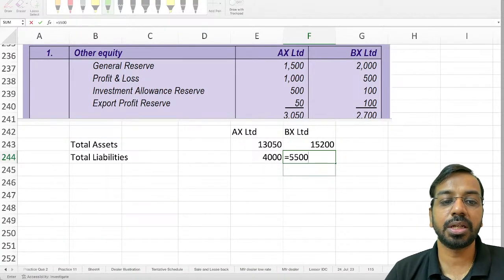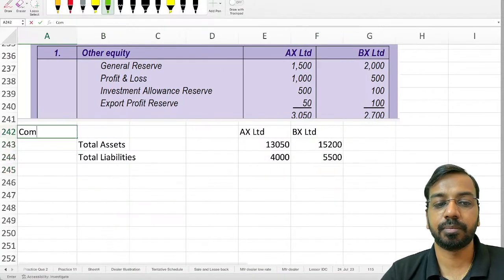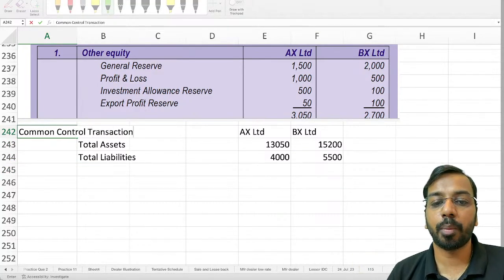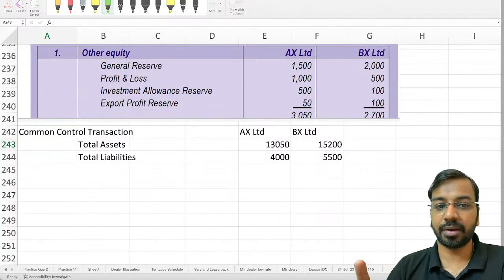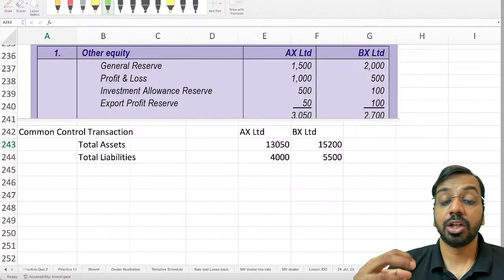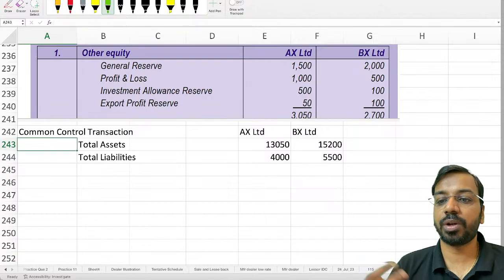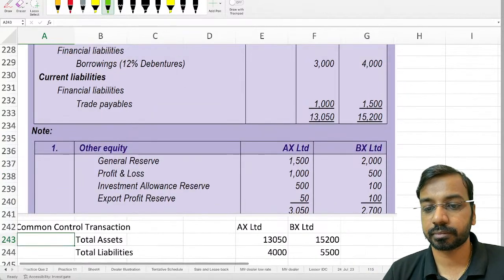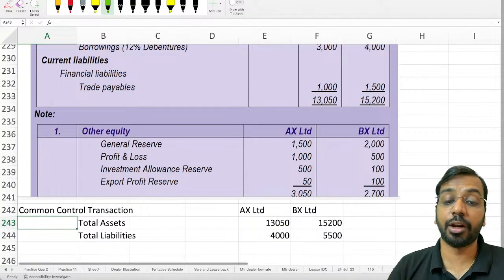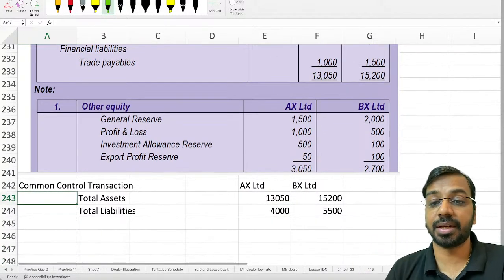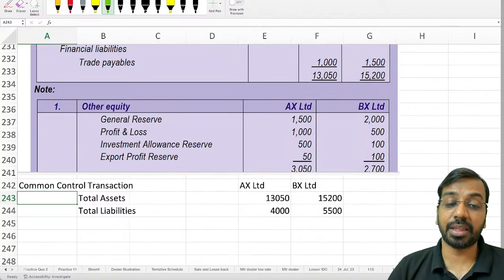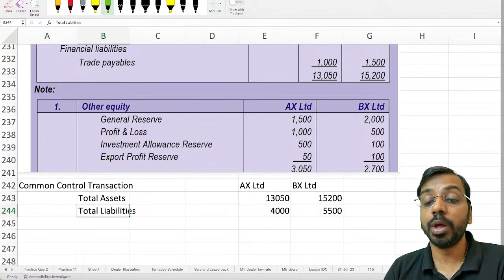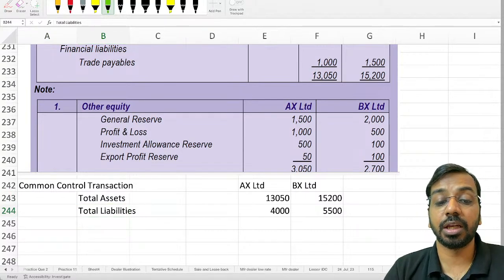And because it is a common control transaction, one more thing that you have to keep in mind is even the reserves, the other equity and reserves that we have, that also will be considered when we have to determine the purchase consideration, because you will incorporate everything. You will incorporate all the assets, all the liabilities, and also the other equity.